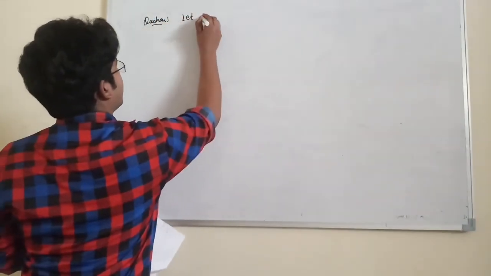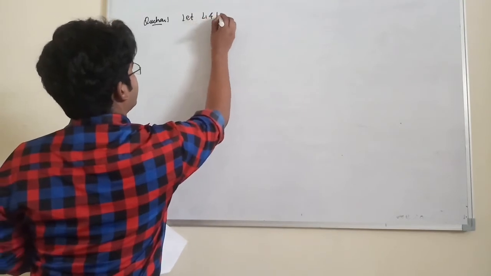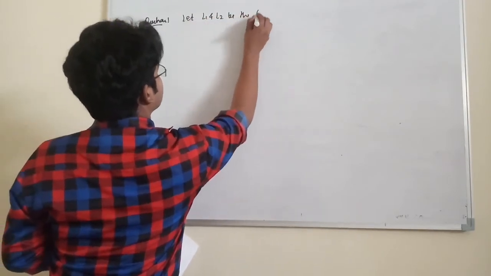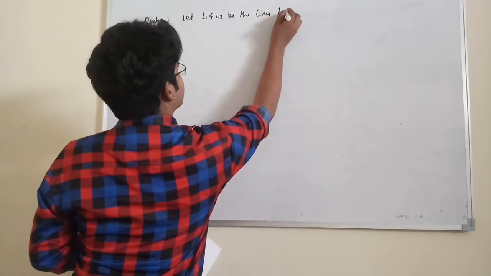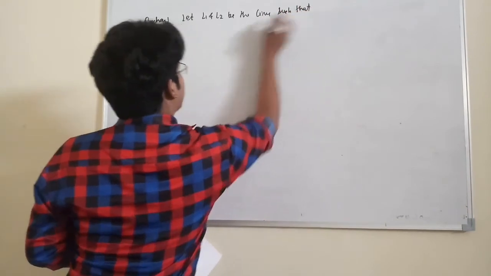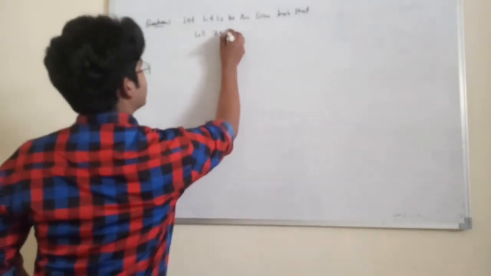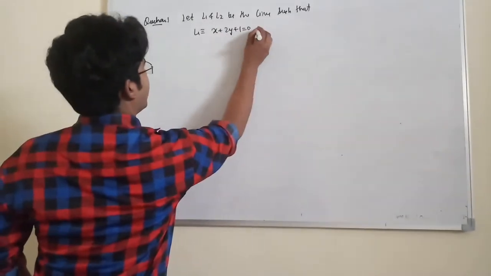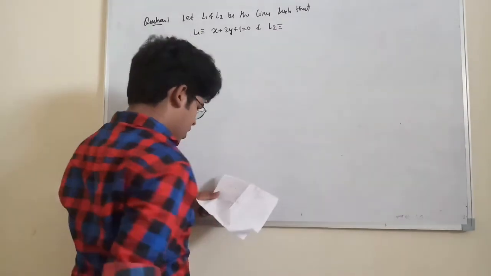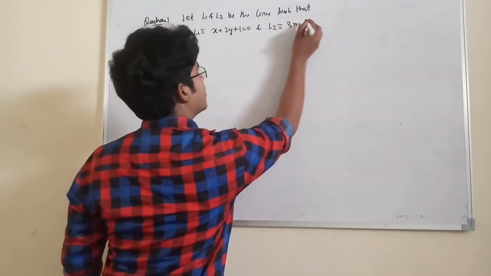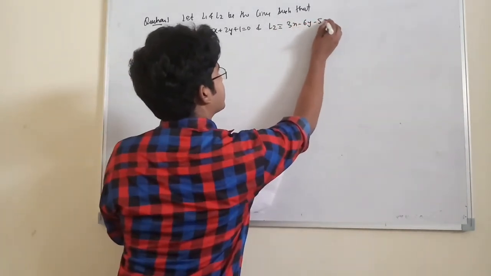Let L1 and L2 be the lines such that L1 is x plus 2y plus 1 is equal to 0 and L2 is 3x minus 6y minus 5 is equal to 0, right?